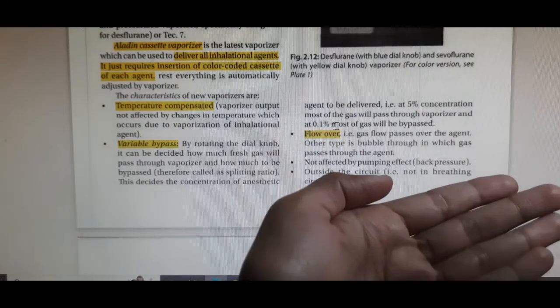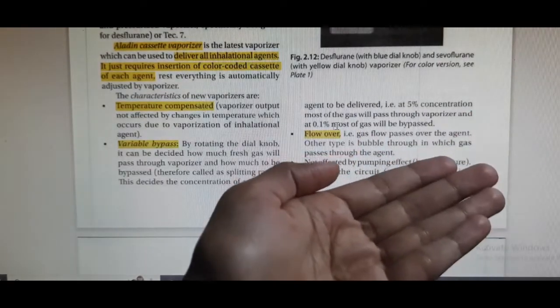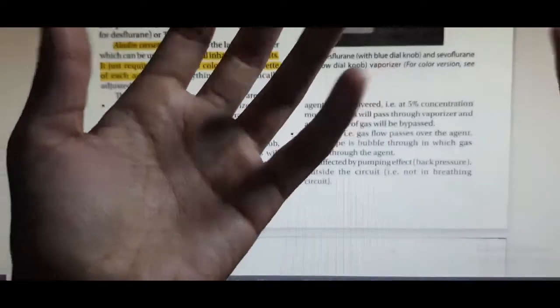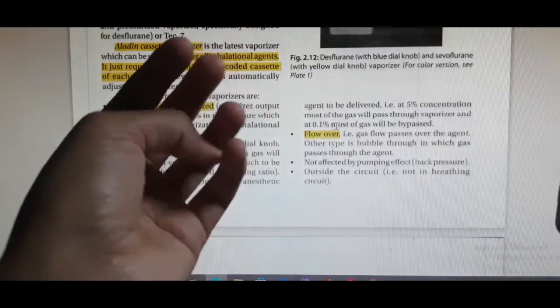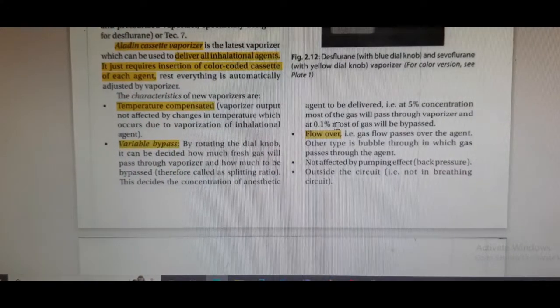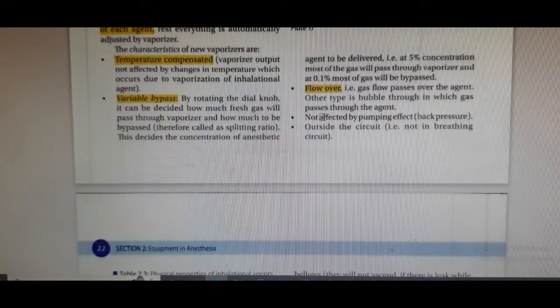But in a few other types, the fresh gas moves into the inhalation agent, causes bubbles to sprout up, and creates a mixture of fresh gas that is delivered to the patient. So that is flow over and bubble through.